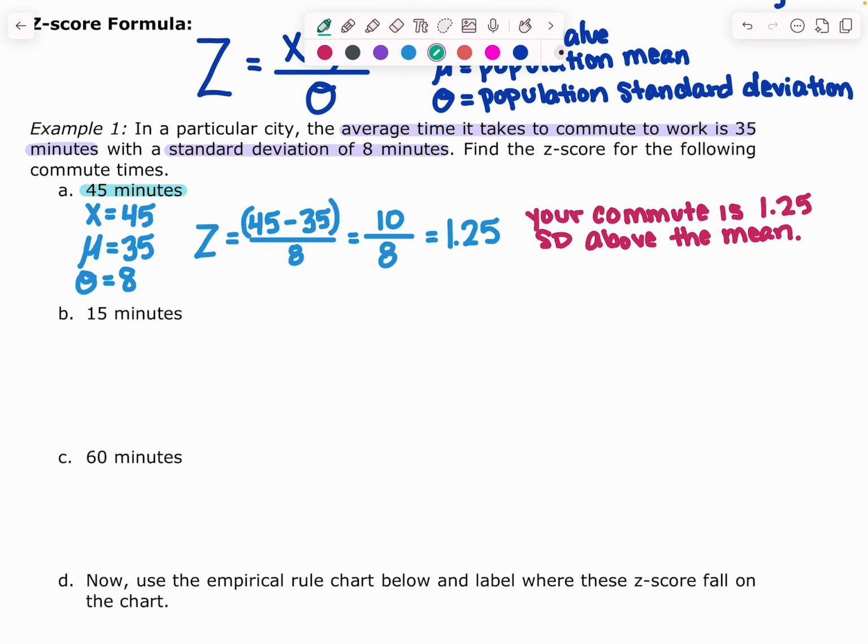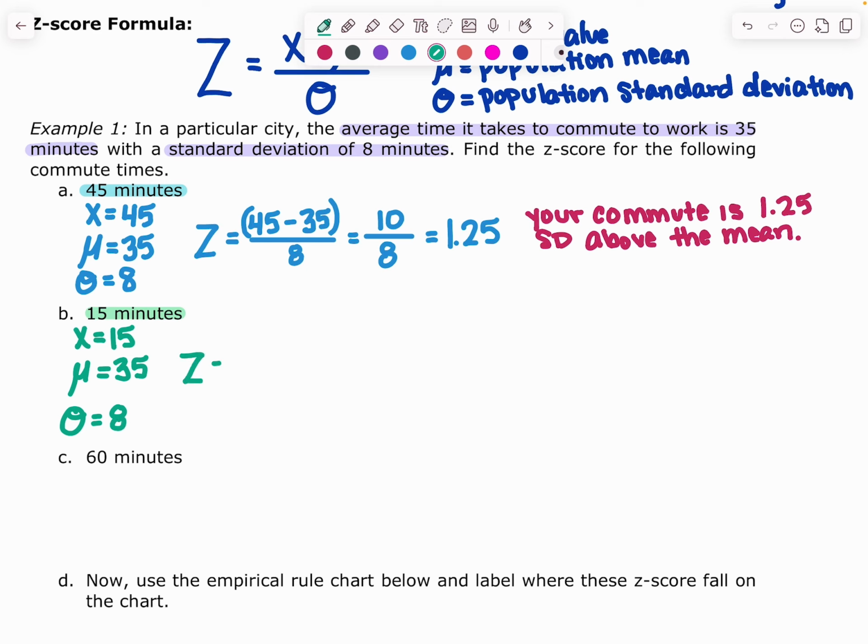The next one, the commute time, is 15 minutes. So for this one, our x value is 15. Our mu is still 35. And our sigma is still 8.